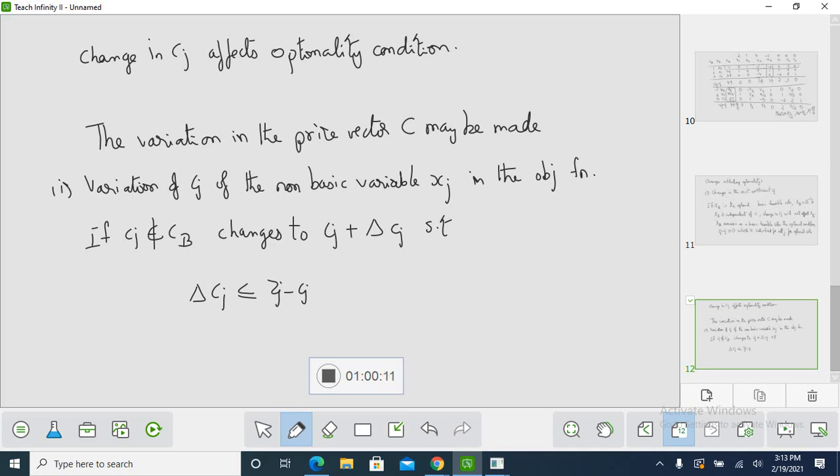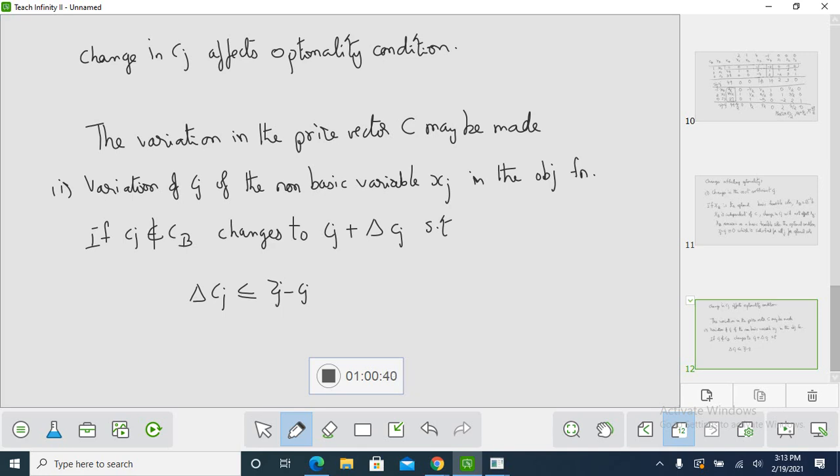I am dictating, not writing. Then the value of the objective function and the optimal solution of the problem remain unchanged. Full stop.